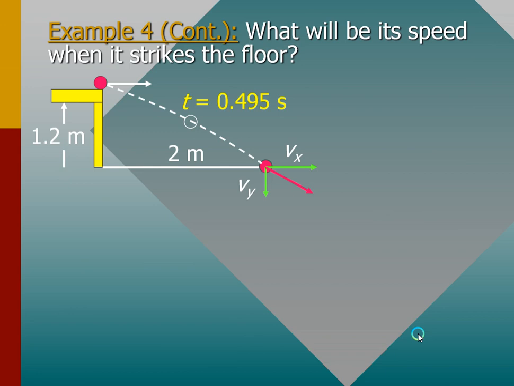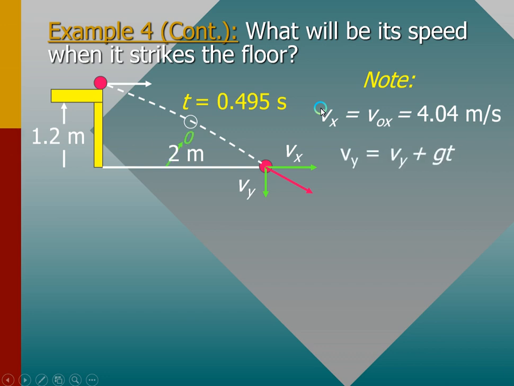Next, the next question to solve is: what will be its speed when it strikes the floor? So what we are looking for is Vf, with its velocity components. We have the x component, so what we need to find is the y component.